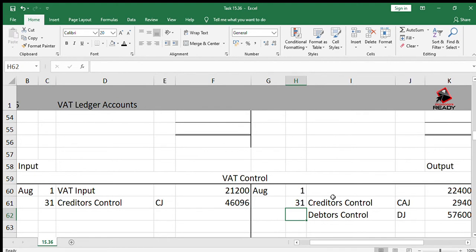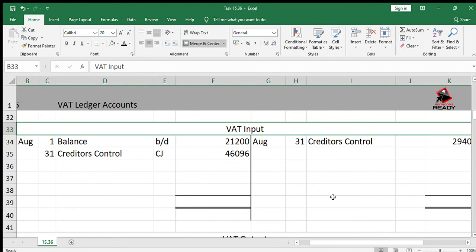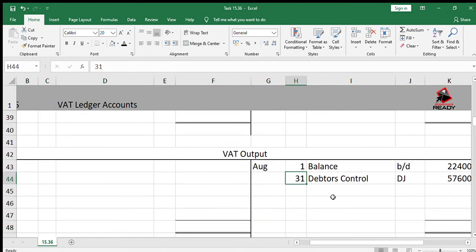Okay, the next journal we then have is the DAJ. Okay, and we need again the VAT column there. The total was given to you, it was 560. Okay, and now remember that when goods are returned by a debtor, it is VAT output, but it's negative VAT output. So instead of being on the credit side like it normally is, it's going to be on the debit side.